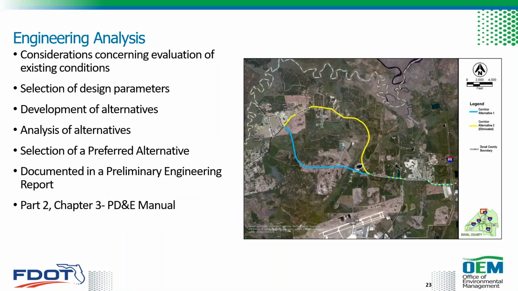The engineering analysis is conducted according to Part 2, Chapter 3 of the PD&E manual, and it's documented in a preliminary engineering report. Now this report is then referenced in the SEER, and Maria will be going over this later this afternoon.